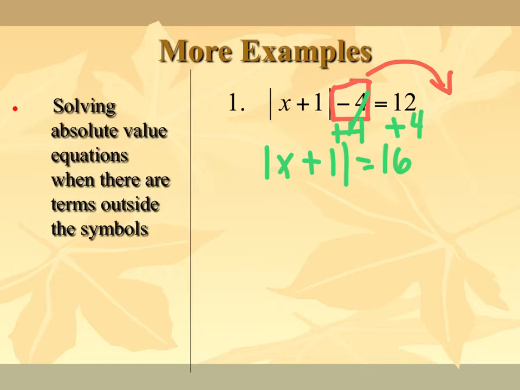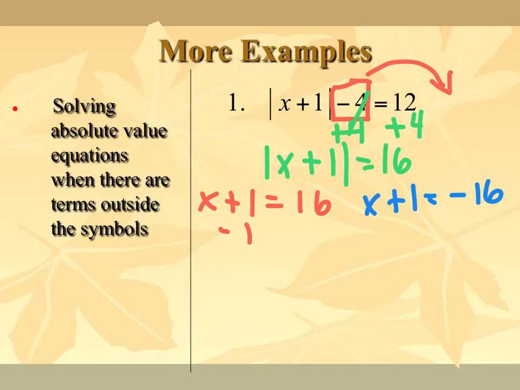And then we do like before, separate it into two equations. So x plus 1 can be positive 16, or x plus 1 can equal negative 16. So we solve them separately. Got +1, so you do the opposite, which is -1.